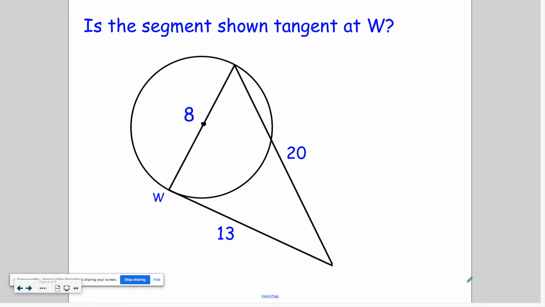Very similar problem. This time we're asking whether it's tangent. So converse of the Pythagorean theorem again. Take the two smaller ones. Of course, keep in mind which ones. Which one's the hypotenuse, right?